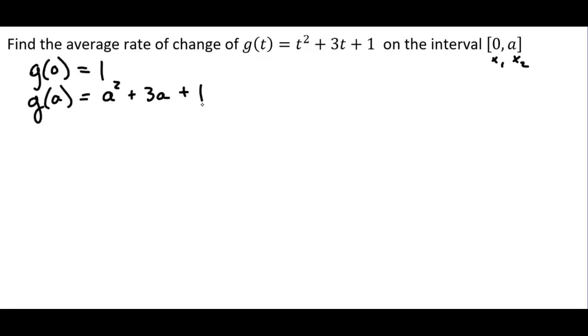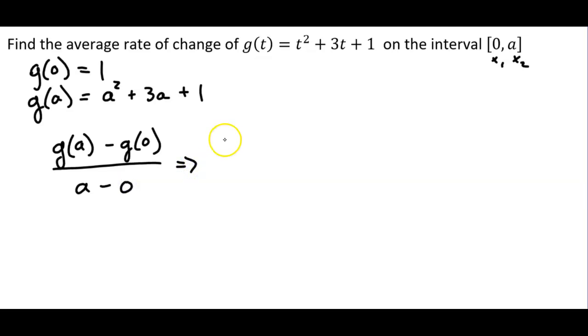Now, if we go ahead and plug those in, we have g of a minus g of 0 over a minus 0, which becomes a squared plus 3a plus 1 minus 1 over a.